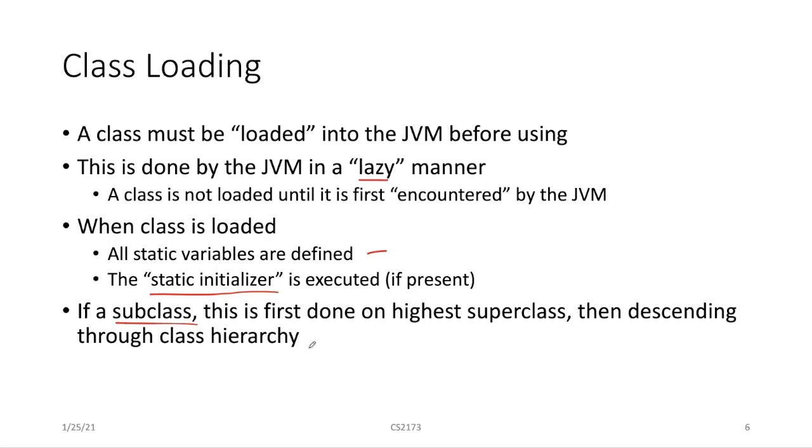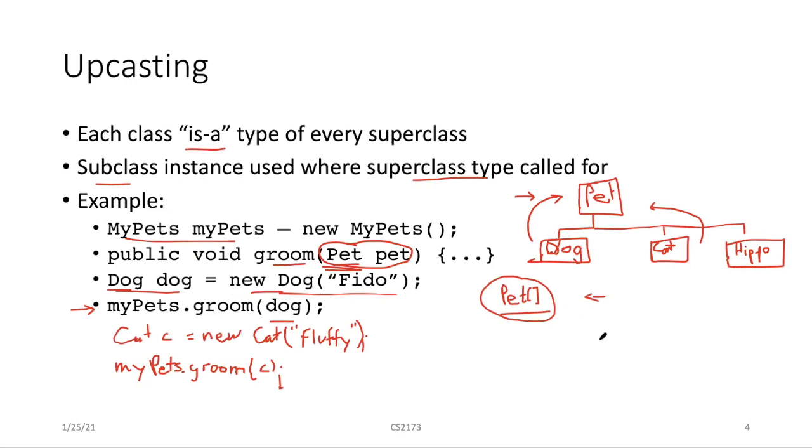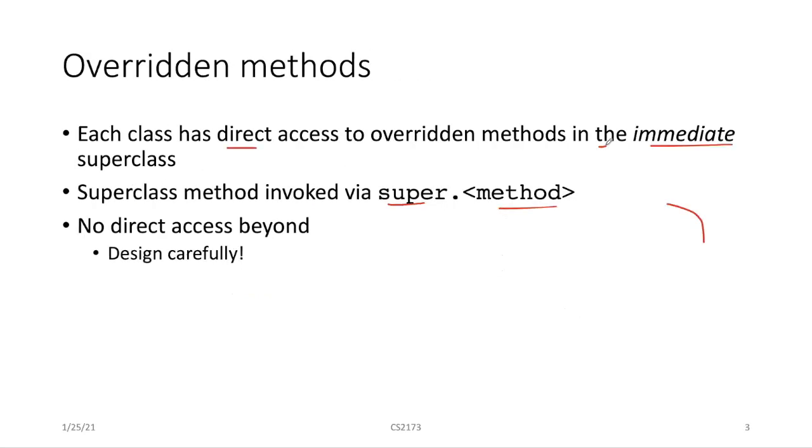For the main class, it typically just goes up to Object, so Object gets loaded and the main class gets loaded. So let's say the first time it encounters a Dog, remember there's Object all the way at the top here.